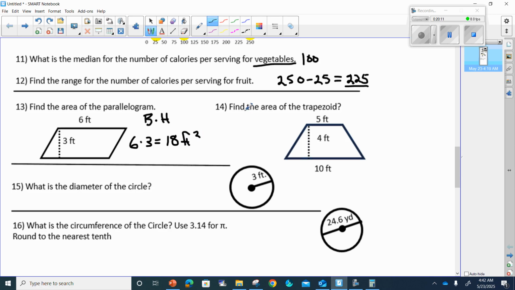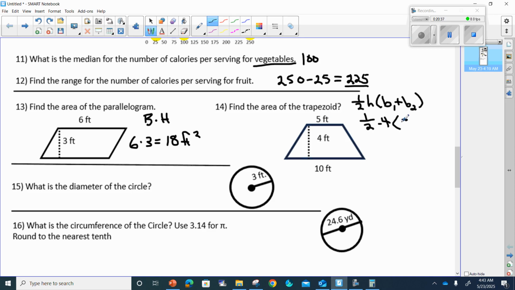Number 14, find the area of a trapezoid, a little harder. We take the formula 1/2 times the height times base 1 plus base 2. 1/2 is easy, it stays the same. The height is 4. You see that going up and down.